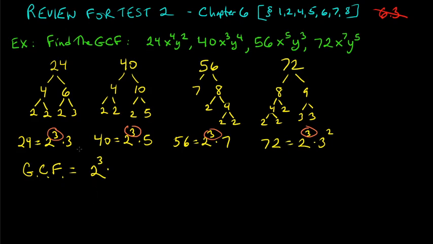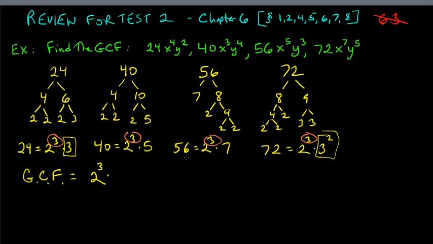All right, what about the other factors? I have a 3 in the first number and a 3 squared in the last number, but there's no 3 in 40, and there's no 3 that's a factor of 56. So it looks like there's no 3 here. And there's no 5 either.